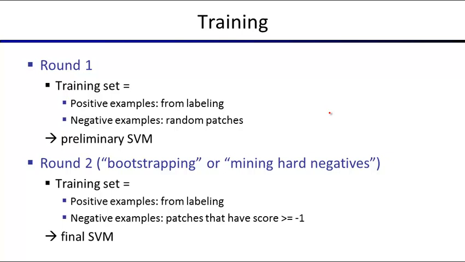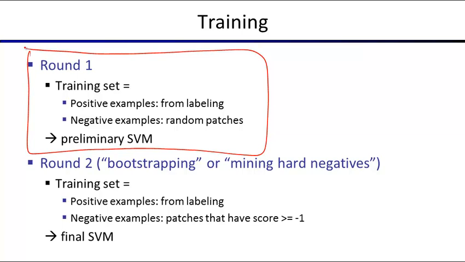So how does that work in practice? There's actually some subtlety there that's pretty important. The first round is what we are used to. You found your feature space, which is these HOG images. You find positive examples, let's say, for people or for bicycles, whatever it is that you're trying to detect. You have those labeled. Then to find negatives, you just take whatever images you find that were not labeled as bicycle.